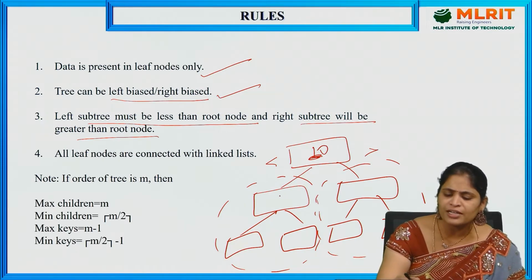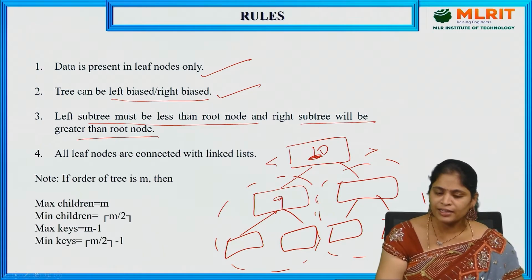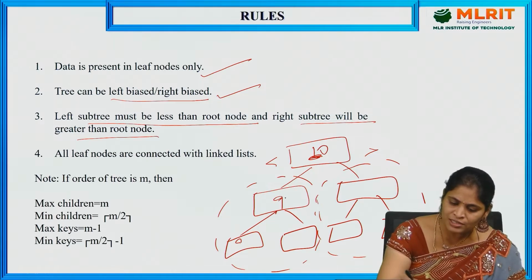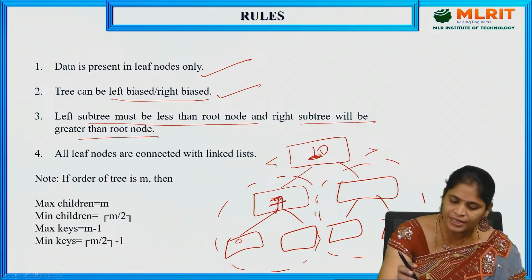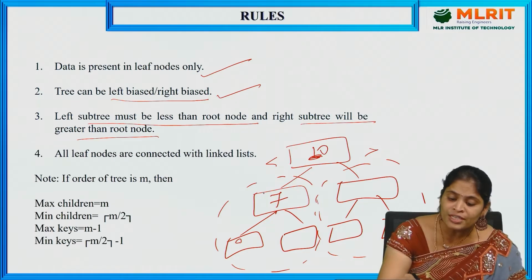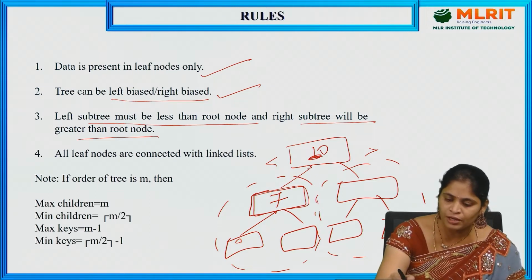Let us suppose the element 9 is less than 10. Or else, let us take 7. This is the left part of the tree from the root node, so 7 must be kept in the left part.